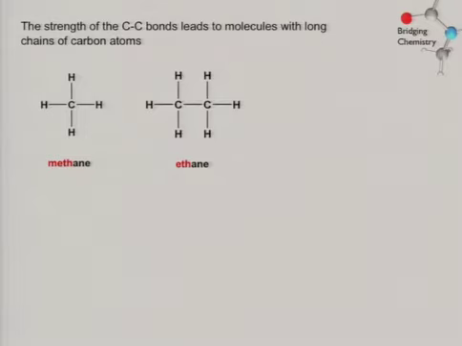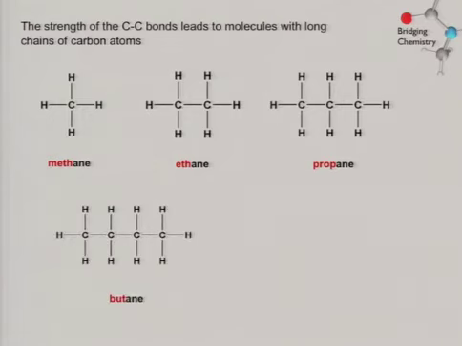So we have a carbon-carbon bond here as well, and this molecule is called ethane, so the eth part refers to this having two carbons in the molecule. And then we can get bigger and bigger. We can go to propane, where now we've got three carbons in a row, so the prop part refers to three, and butane, and so on. So these chains can get bigger and bigger and bigger.